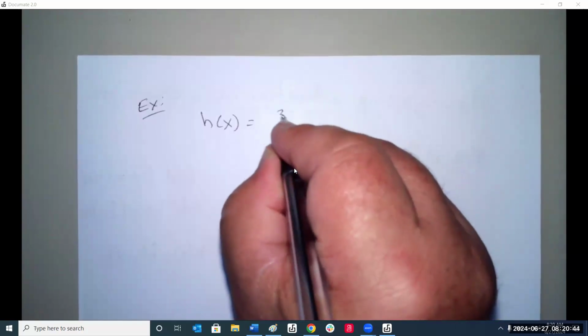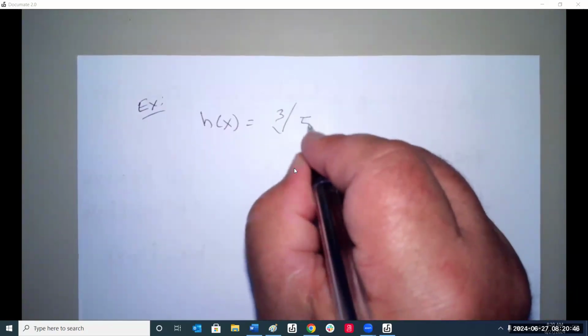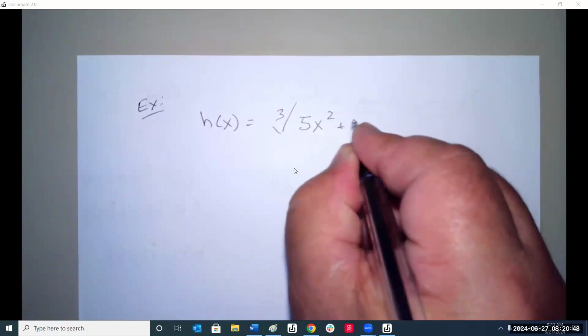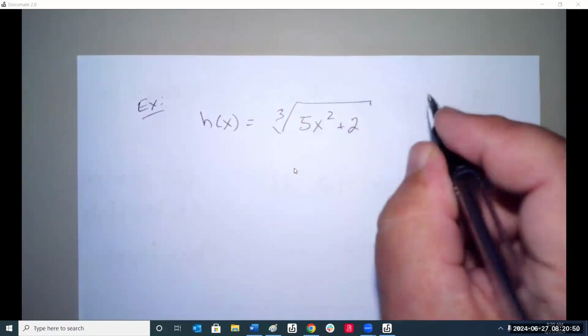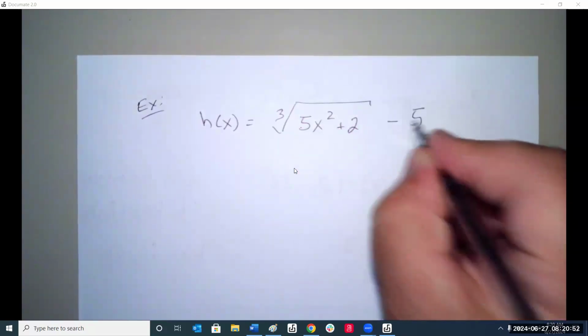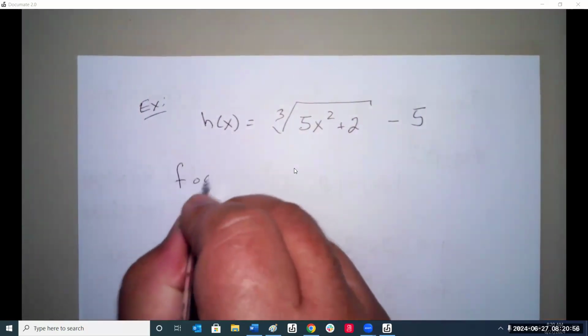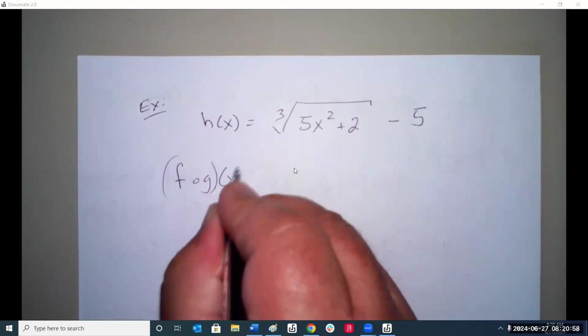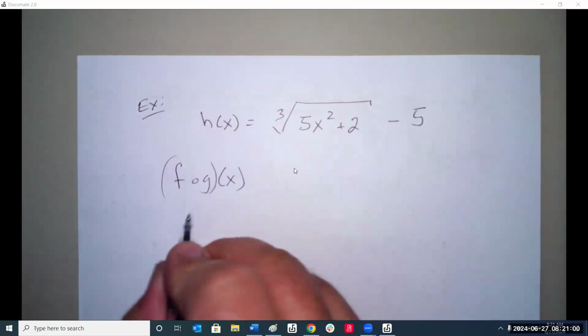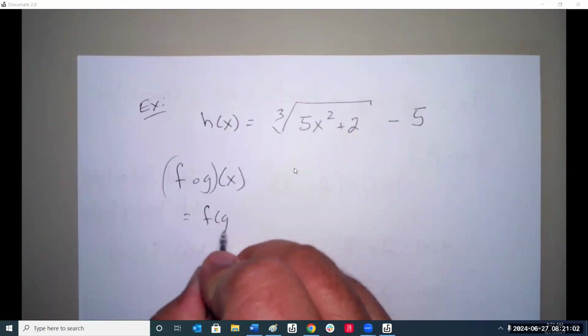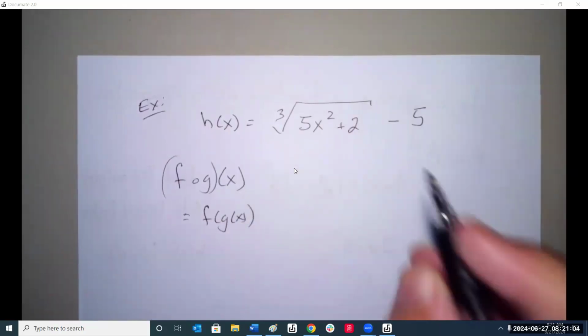Let's look at a couple more made up examples. Let's say h of x equals the cube root of 5x squared plus 2, minus 5. We want f of g of x.